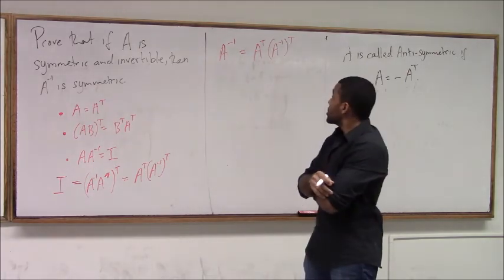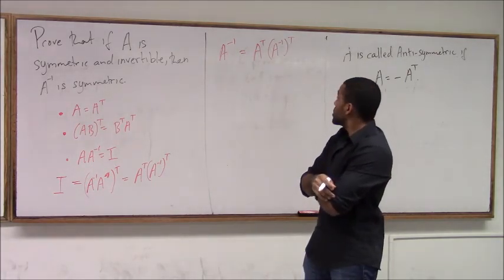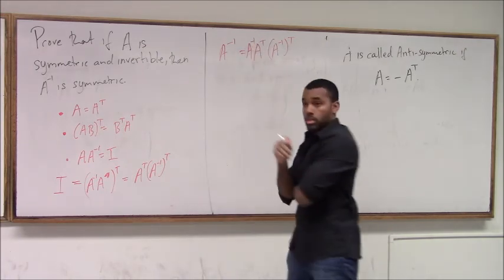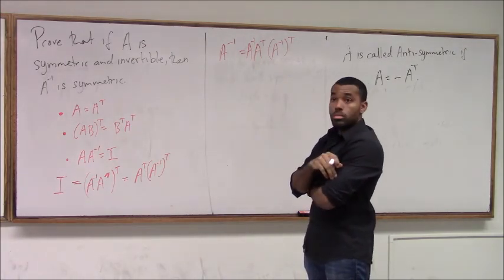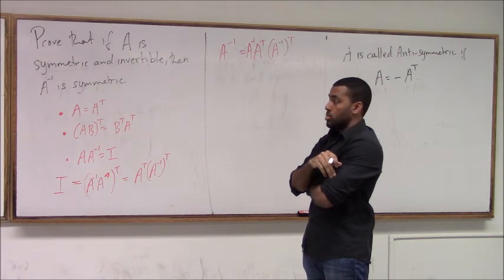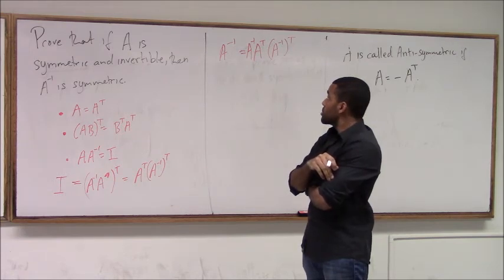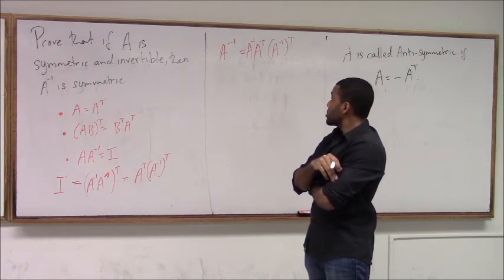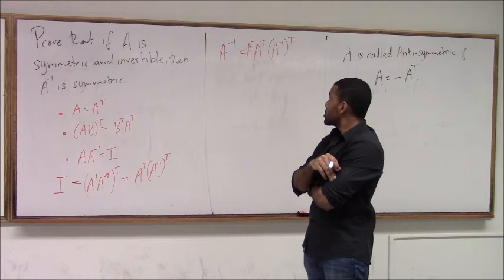We've already seen that A inverse A transpose, since A is symmetric, is also equal to the identity. Yeah, you sub that out.